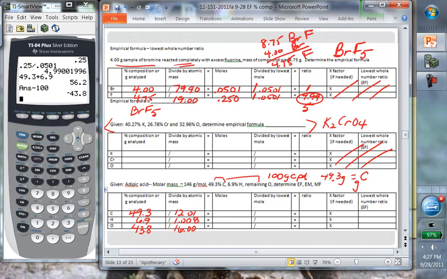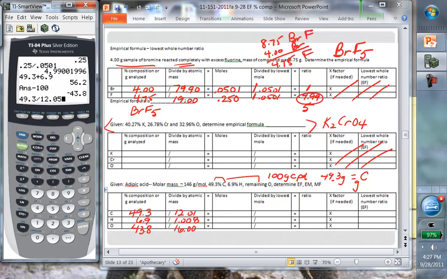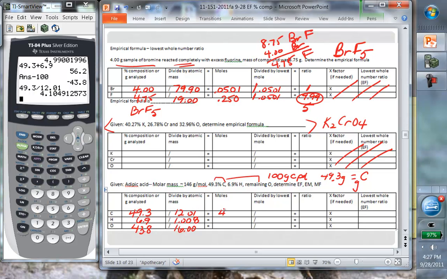When we divide by each of these, we've got 49.3 divided by 12.01. I get 4.105. If I take 6.9 and divide it by 1.008, I get 6.845.